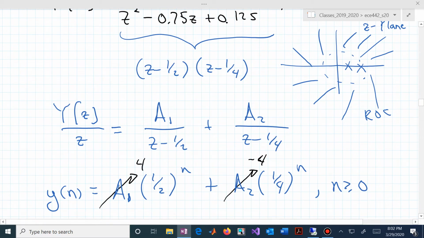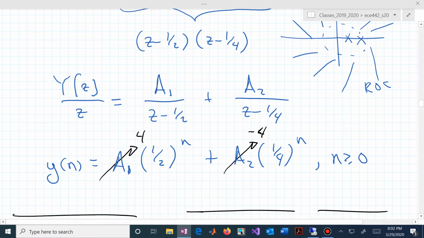So we take the partial fraction of y of z over z. We could solve for a1 and a2 if we wanted to. If somebody just asked for the structure, you wouldn't have to find exact values for a1 and a2.